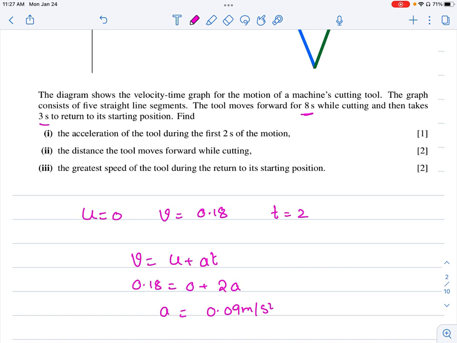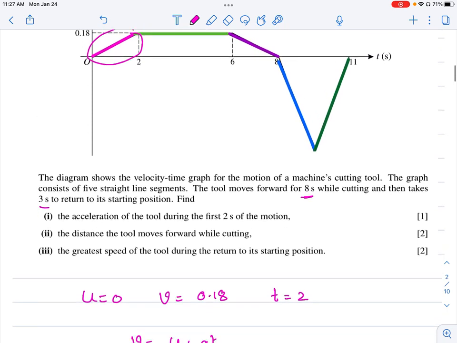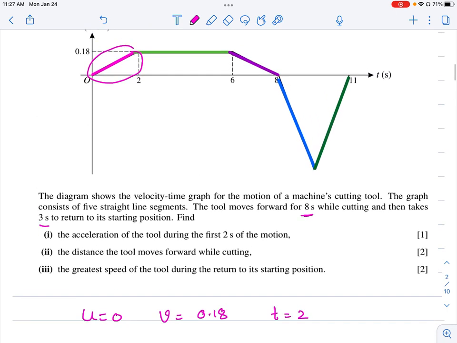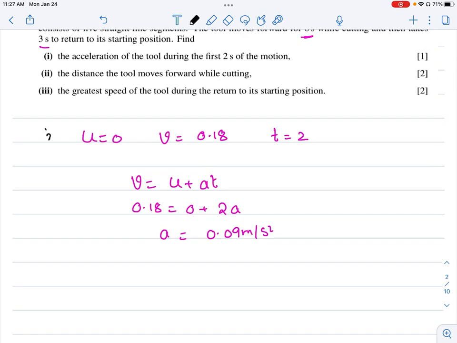Now the first part is done. Next, the distance the tool moves forward while cutting. This entire distance is the area of the trapezium. Area of the trapezium is half times the sum of the parallel sides.